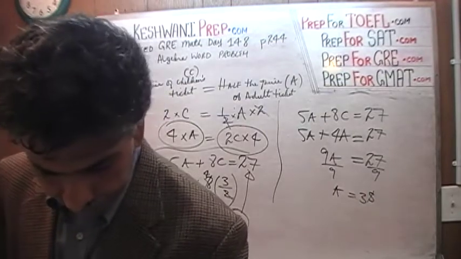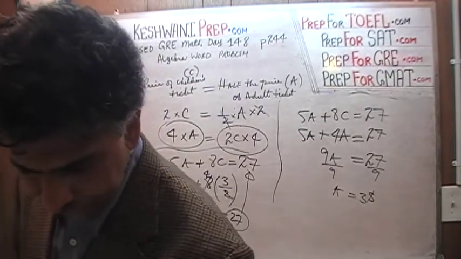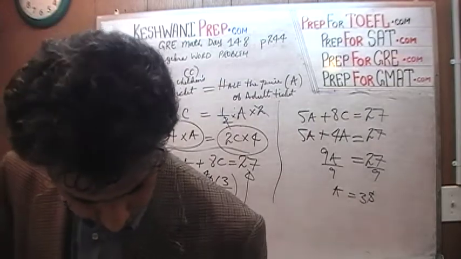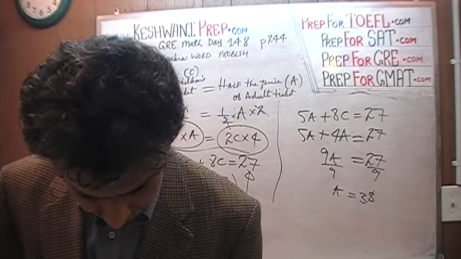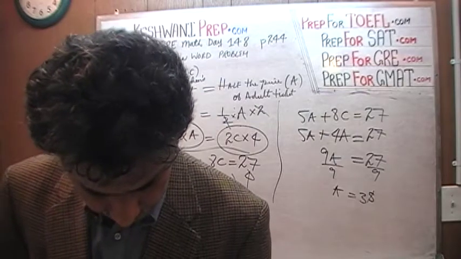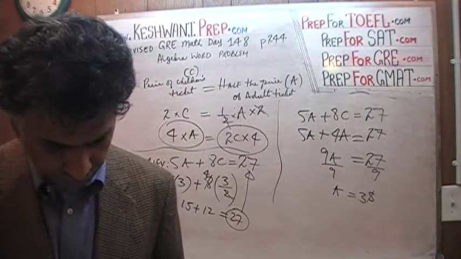Let's do one more. Number 14. Number 14. 2 cars started from the same point and traveled on a straight course in the opposite direction for exactly 2 hours. All right.